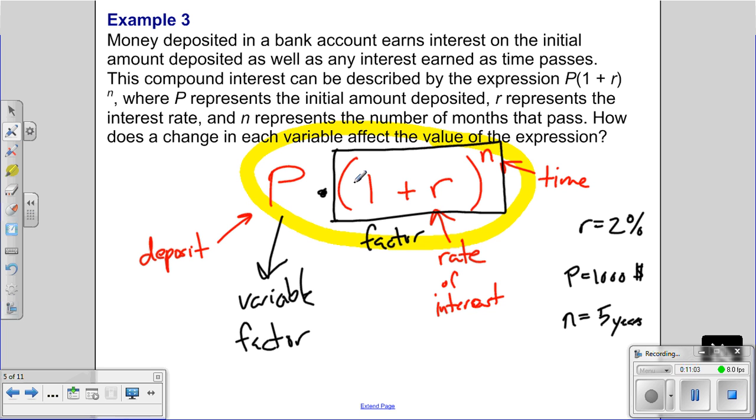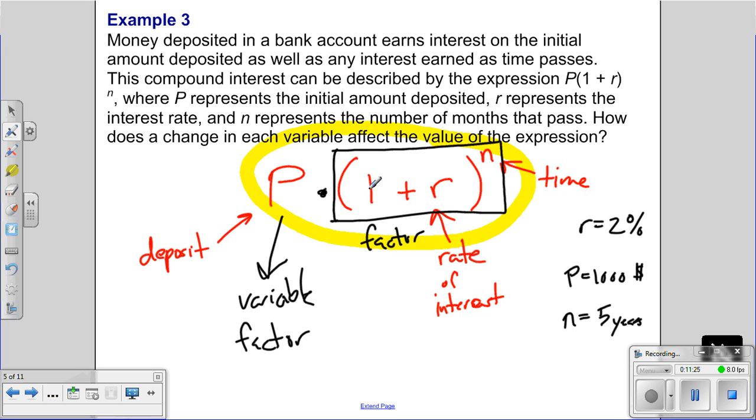One doesn't affect the other. The only thing that does change is the overall value of your account when it's done. So does your final balance after 5 years change? Yes, it does. But that's because the product changed. So the P and this factor are independent of each other.